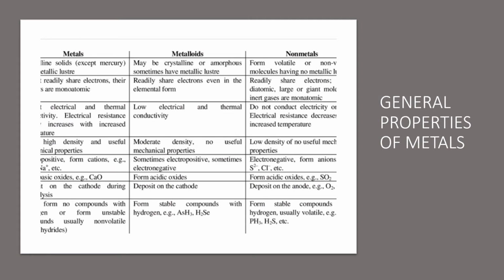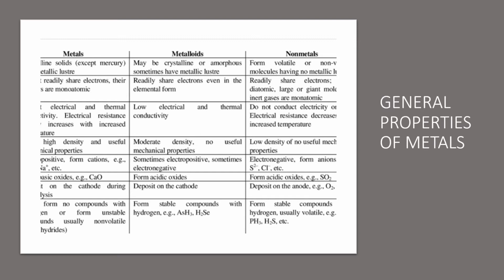Here are the general properties of metals, metalloids and non-metals. For metals, almost all metals are crystalline solids except mercury, Hg, and they readily share electrons. They are monoatomic, and can conduct electricity and conduct heat, have high density, and form cations for metals such as Na, forming Na plus ion.